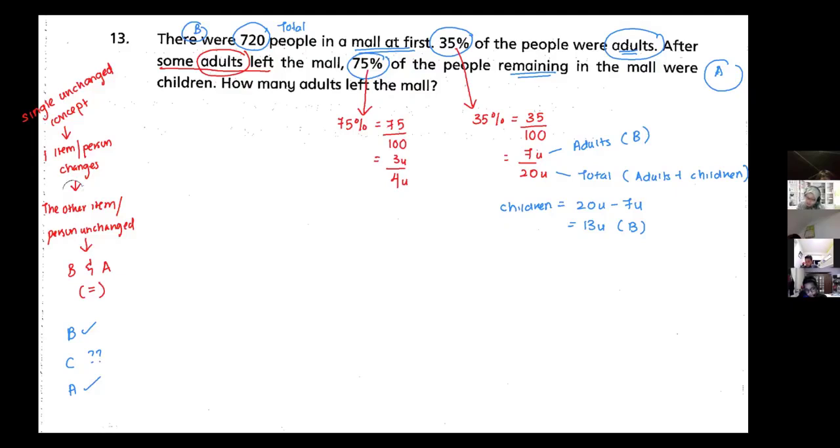Now let's look at the 75%. 75% of the people remaining in the mall were children. So which means the remainder that left, the 3 units is my children. And what about these 4 units? This 4 units is my total. Total means again adults plus children.